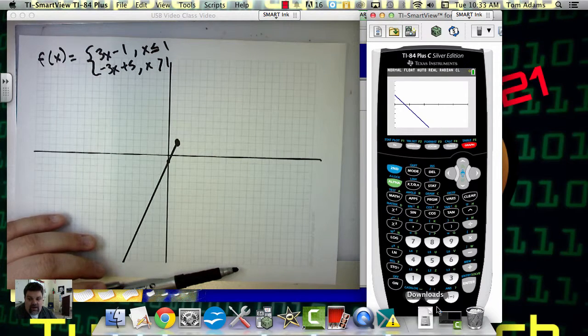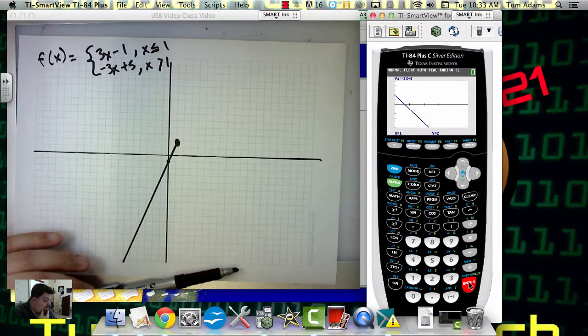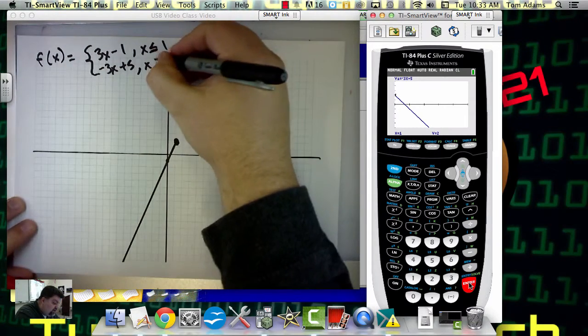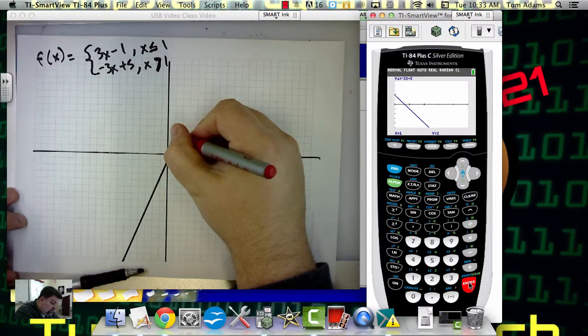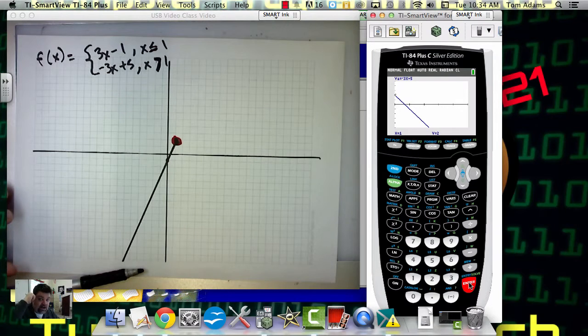Here I'm going to hit trace, and since my boundary is 1, I'm going to put 1. And it should be 2. But it's an open circle. It's the same point, but an open circle, because there is no equal sign in the inequality. So I have an open circle at 1, 2.